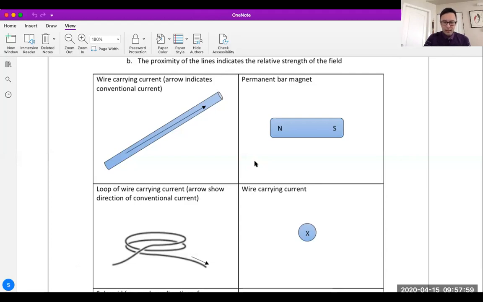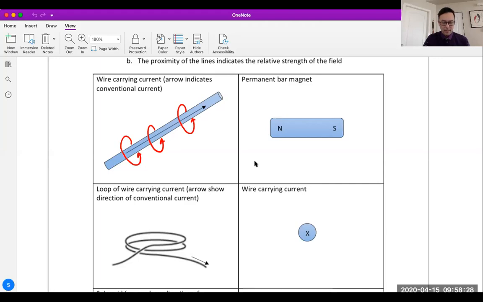What you'll notice is the field lines, or your fingers, wrap in this direction around the wire, right? That way. So the magnetic field around this wire comes out from the back, around over the top, and disappears back around the back again, like that. That's the magnetic field around that wire.